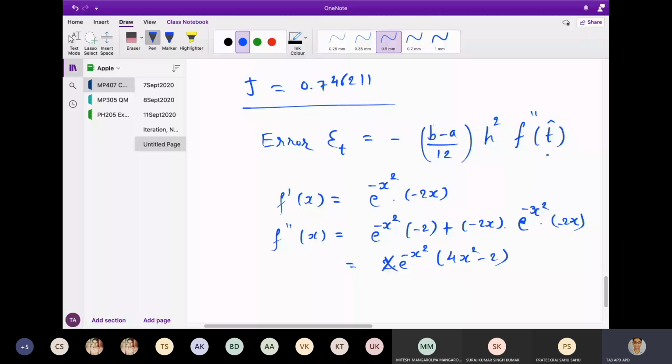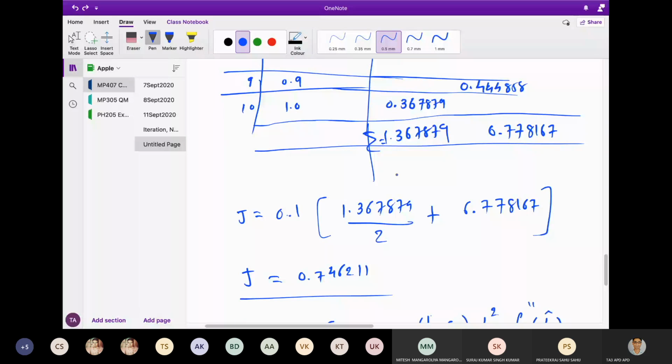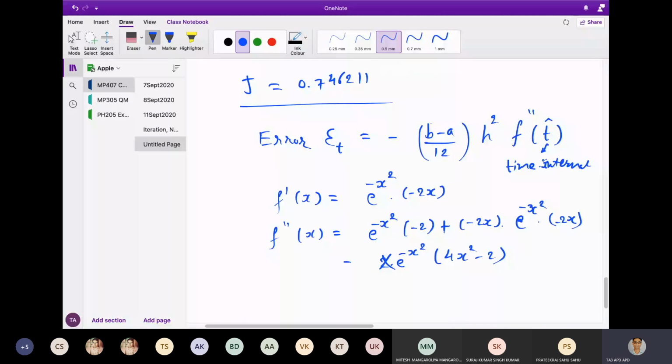Anyway, so you just ignore this, and this is going to be your f double prime, and now you multiply it by this factor. So now, it is a time interval, as I said, or the limit interval. The limit is between 0 to 1. So you have for first x equal to 0.